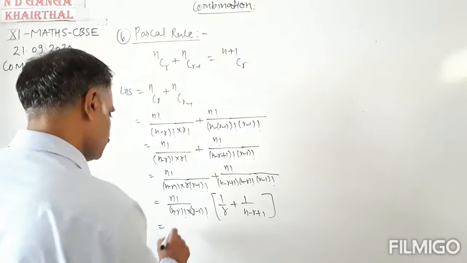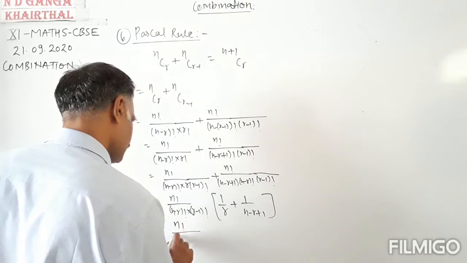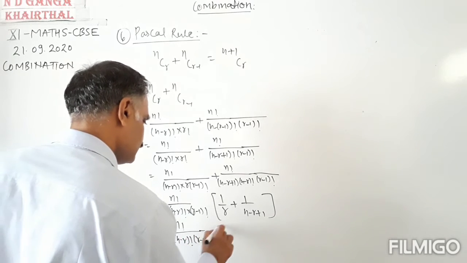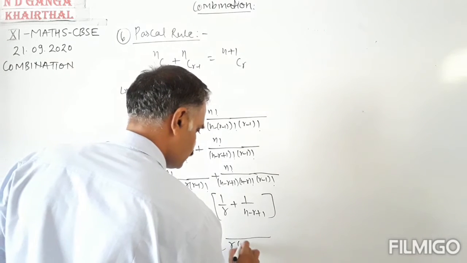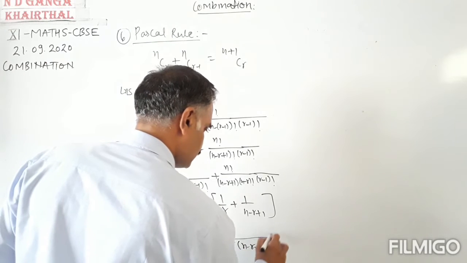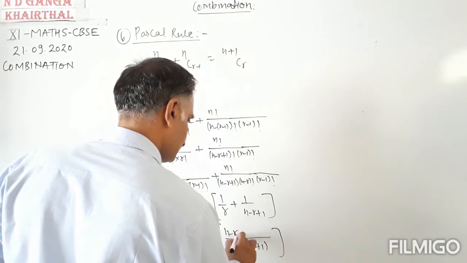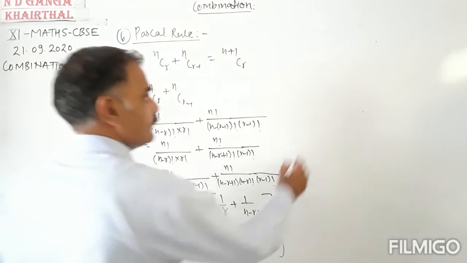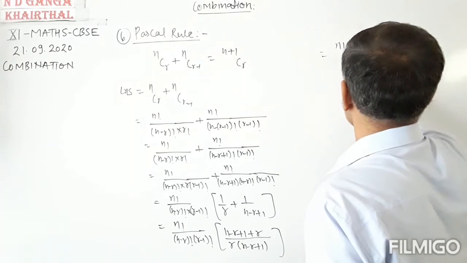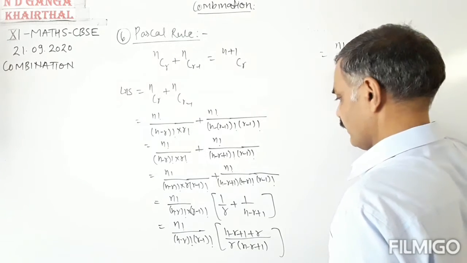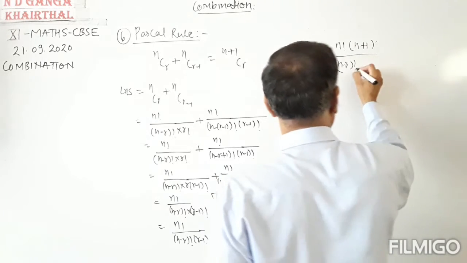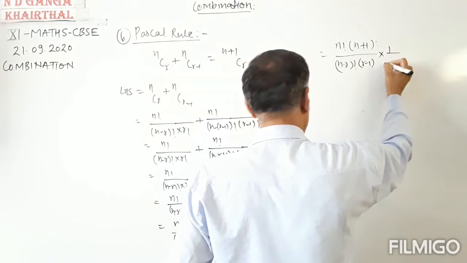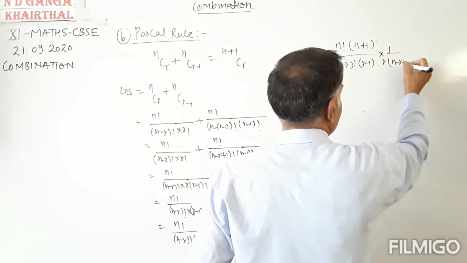After solving, taking r into n minus r plus 1, we have n minus r plus 1 plus r, and r will cancel. So this equals factorial n into n plus 1 upon n minus r factorial into r minus 1 factorial into 1 upon r into n minus r plus 1.